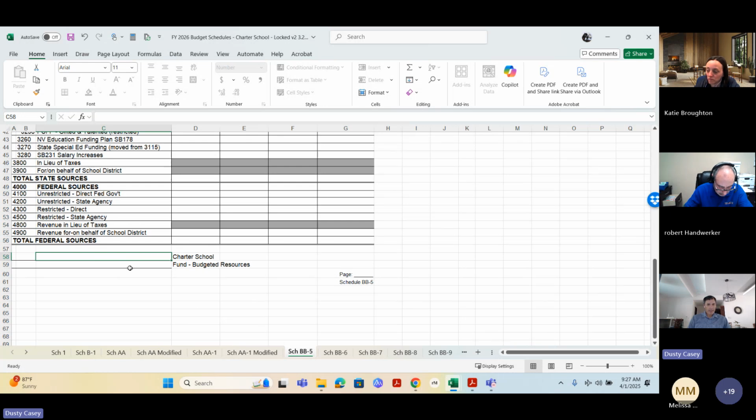And then maybe in this cell, your total, I actually don't know what row 59 is for, if that's a total of your tentative budget resources, but that's already listed here. So at least make sure you put your charter school name down at the bottom there. Okay, any questions on the revenue tab? Pretty self-explanatory, but if there are, please jump in now.